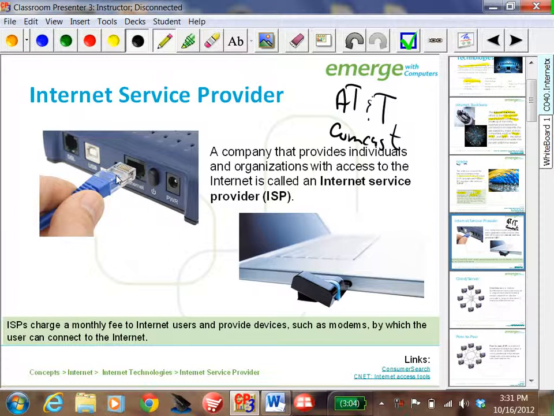Or nowadays, a wireless connection, which is basically a radio signal. This Ethernet plug looks like a telephone plug, but it's not. It's wider, so if you try to put it into a telephone jack, it won't fit, and that's good.